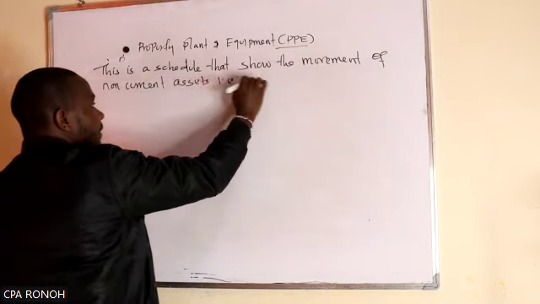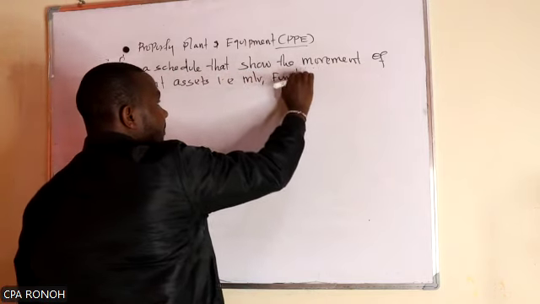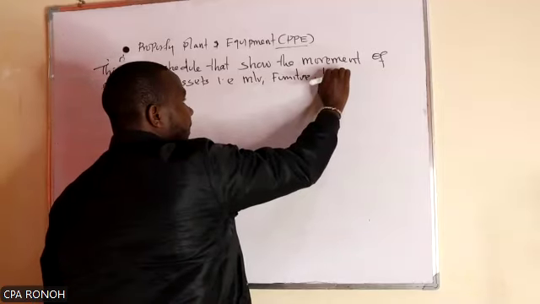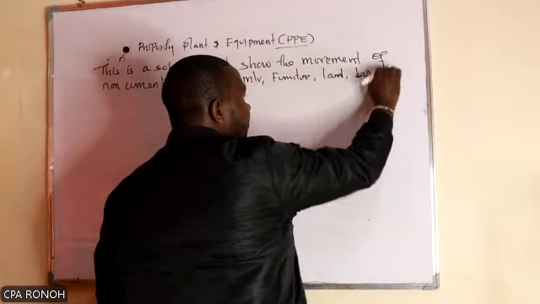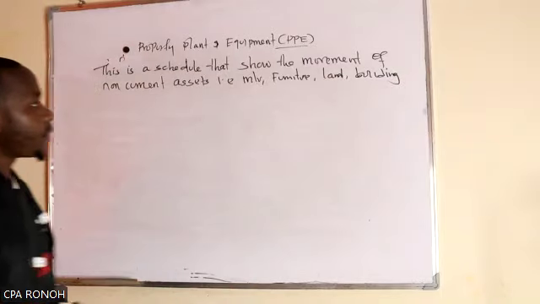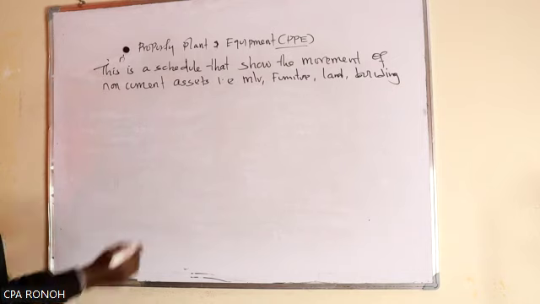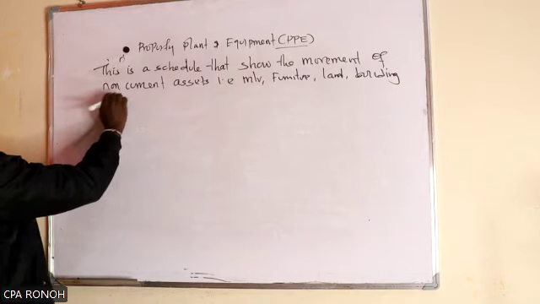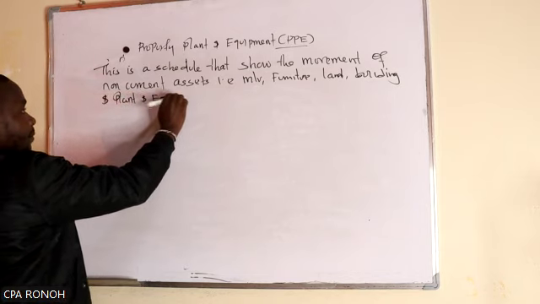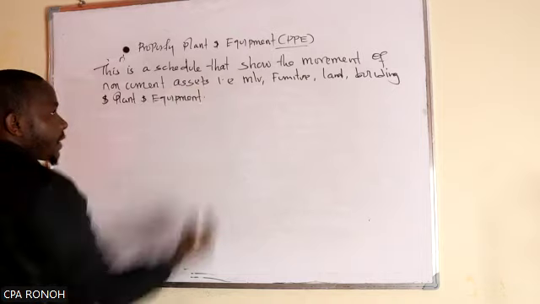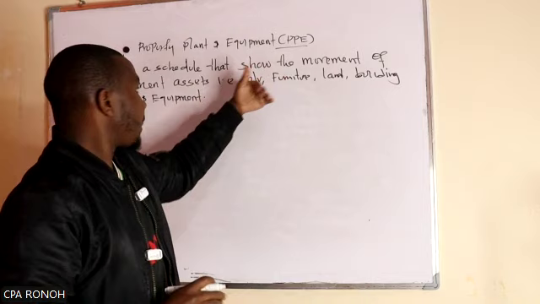Non-current assets, that is motor vehicle, furniture, land, building, plant and equipment. So it shows the movement of these assets.